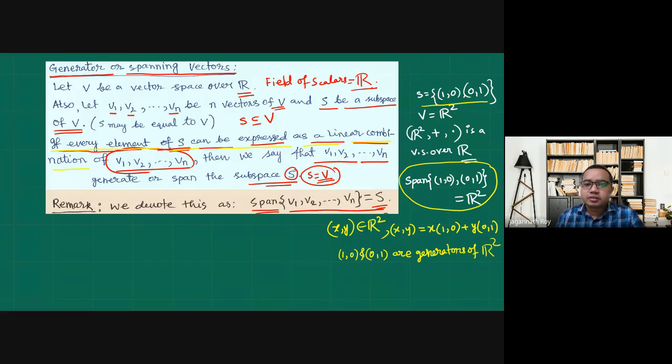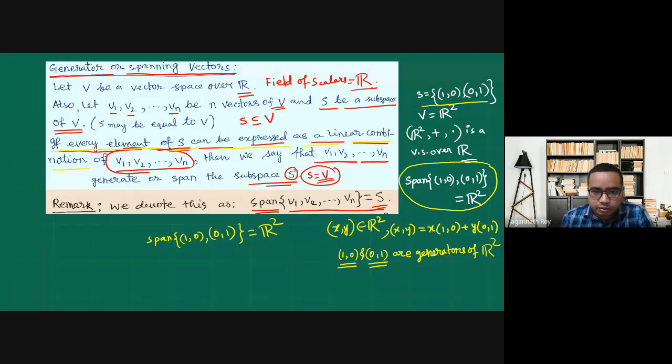That means with these 2 vectors only, the span is the extent of these 2 vectors. Span meaning, if you find the dictionary meaning of span, that means the extent of that particular thing. So here we are talking about the span of these 2 vectors, (1, 0) and (0, 1). Okay, this is actually the whole space.